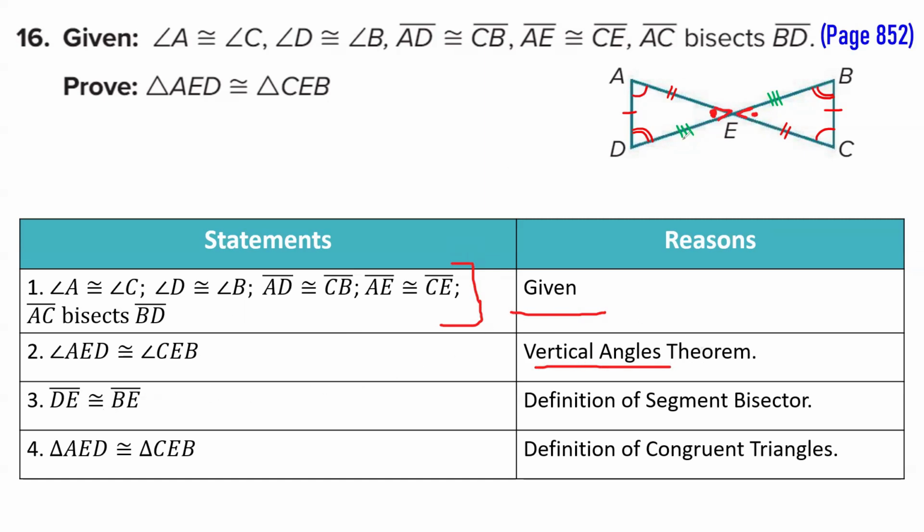Then I can conclude that DE is congruent to BE, since this is the definition of segment bisector, as I said before. Finally, I can say that these two triangles are congruent, which is the information they want us to prove, since this is the definition of congruent triangles. And that's it. So this is a complete two-column proof.